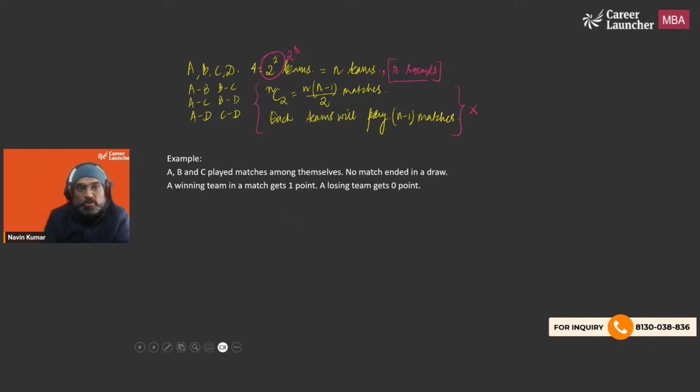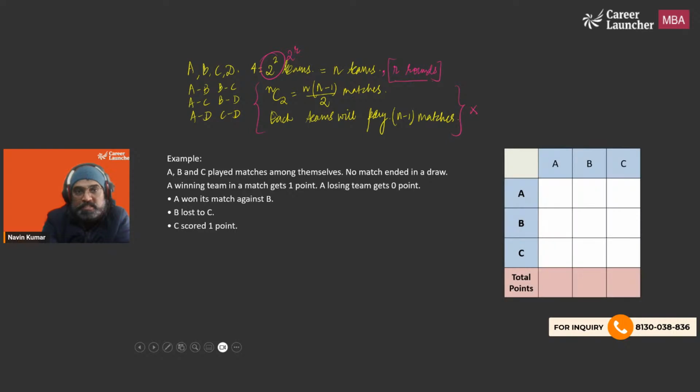A winning team in a match gets 1 point, a losing team gets 0 points. Now we are told that A won its match against B, B lost to C, and C scored 1 point. So we are given these 3 conditions. How do we represent it? We draw a matrix of n cross n, that is n rows and n columns, where n represents the number of teams we have.